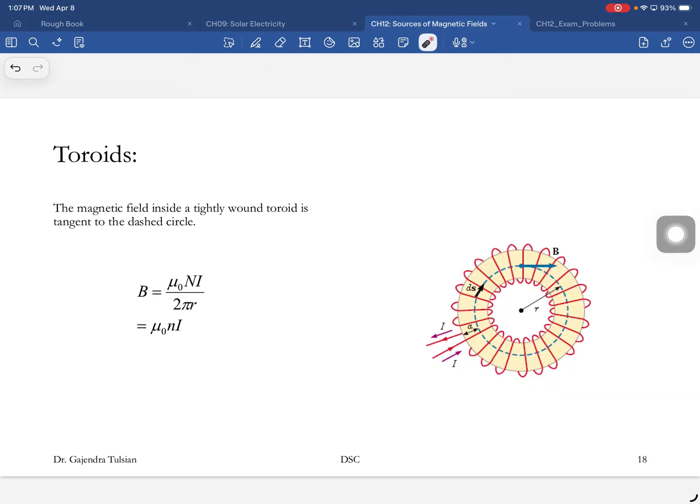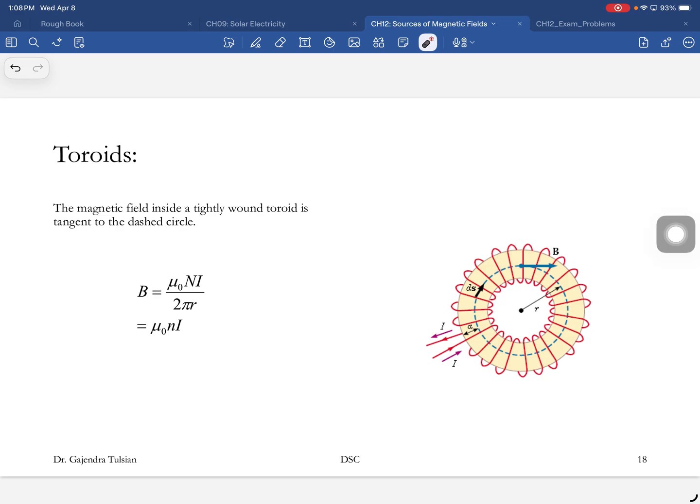All right, so circular loops of magnetic field are useful in the tokamak, and this expression gives you the strength of the magnetic field. Mu naught n, where n is the number of turns of wire per unit length. If you want to make a strong field, you just wrap more and more wires.